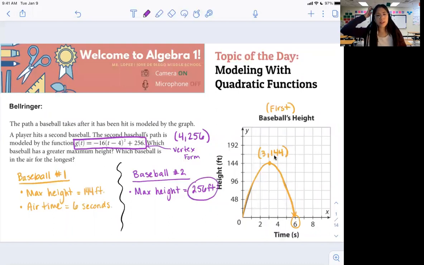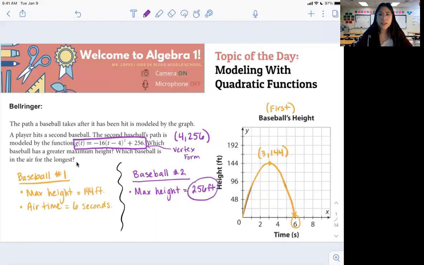And now for the next part, it's a little bit harder to understand. After your next topic test, you guys are going to learn how to do this a little bit better. But for now, we're just going to estimate it. There is a way to find out for sure, but right now, all we can do is estimate. Because it's asking me which baseball is in the air for longest.